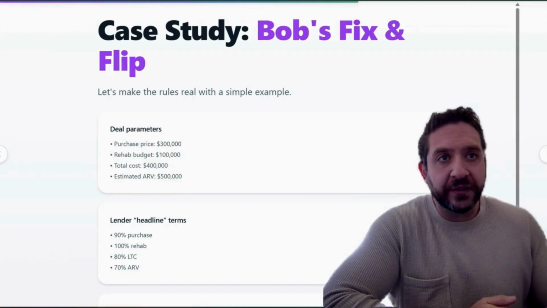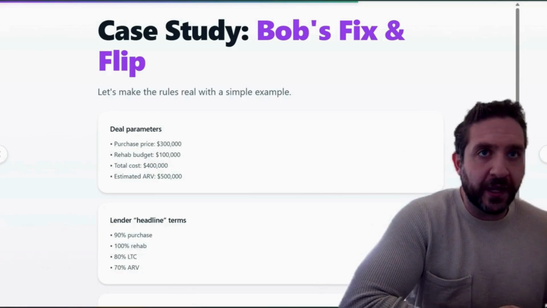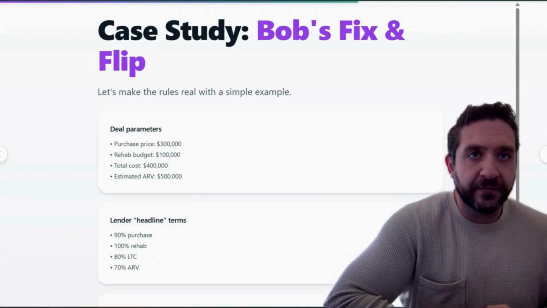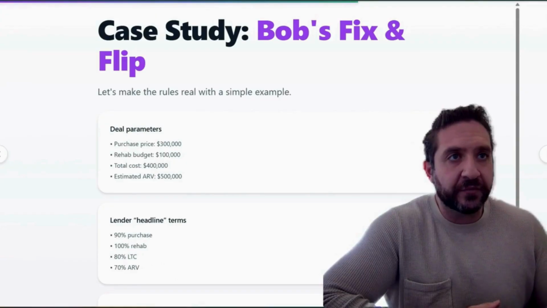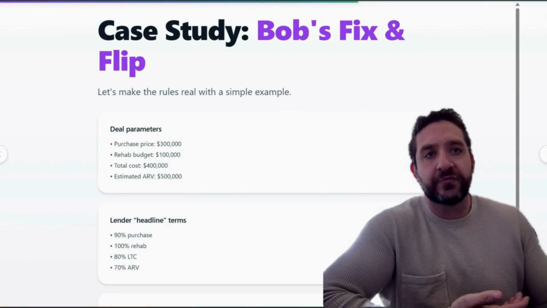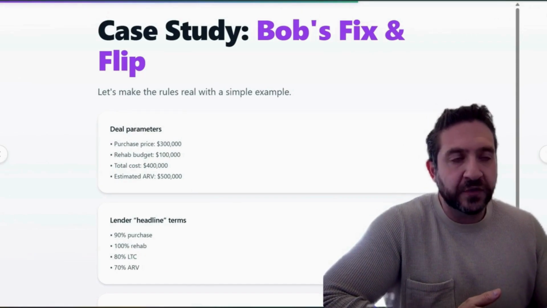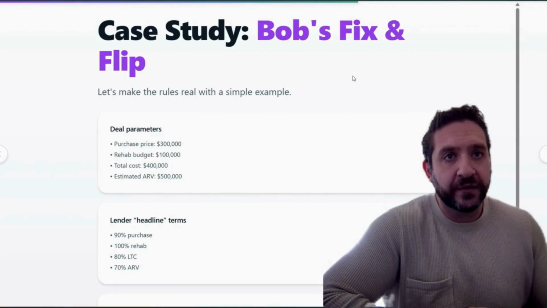The lender's headline terms say 90% purchase plus 100% rehab, 80% loan to cost, and 70% ARV. A lot of brokers look at that and think, all right, 90% of 300 is 270 plus the full 100 for rehab, so the loan will be 370. But now we know that's not how it actually works. So we're going to have to apply the LTC and ARV rules for the deal.